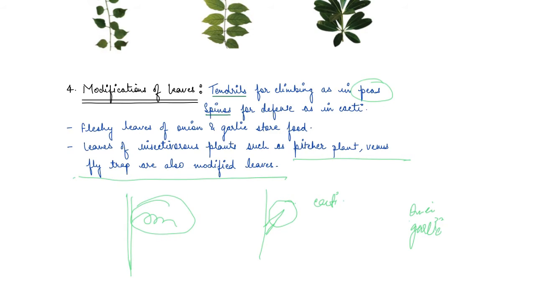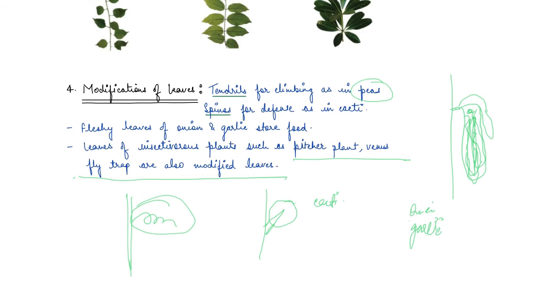Say this is the pitcher plant, and this is the pitcher where the insects get trapped. Here the leaves are modified in this form, wherein they trap the insect inside.